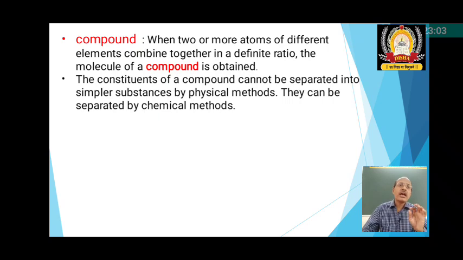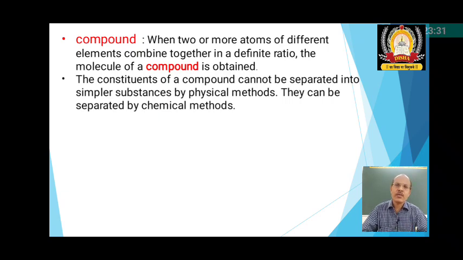Now the constituent particles of the compound cannot be separated into simpler substances by physical means or physical methods. One example I will quote here. Water is formed from hydrogen and oxygen.